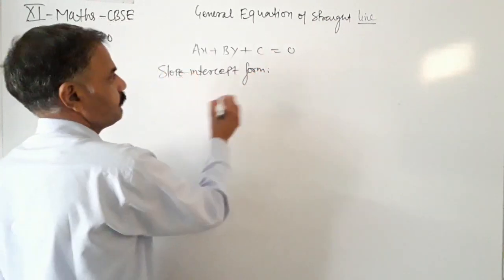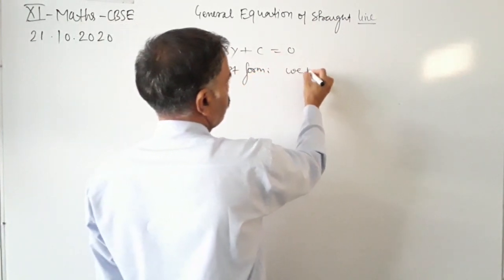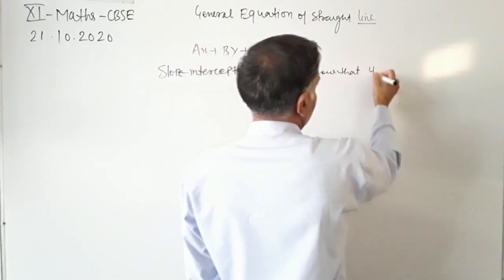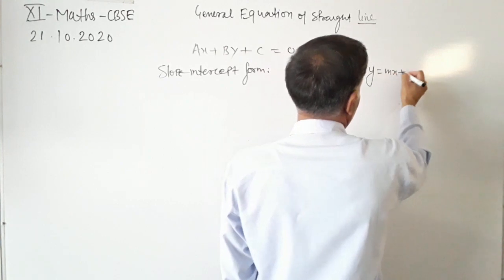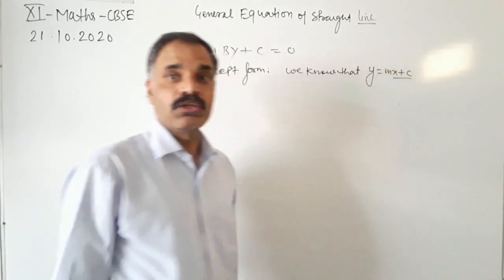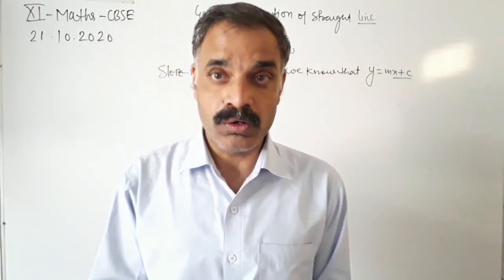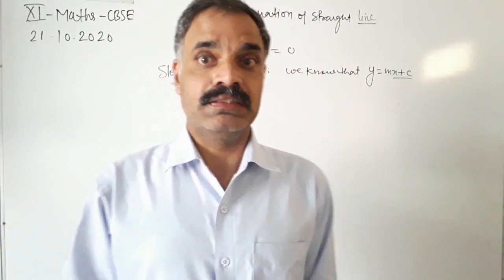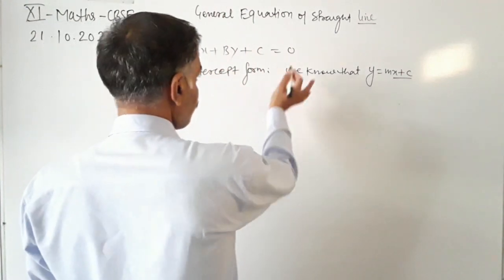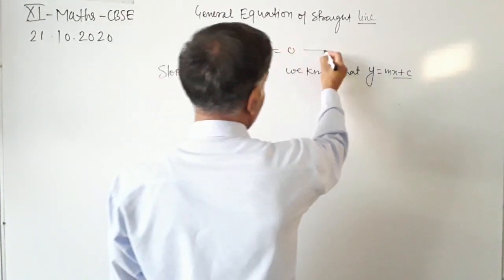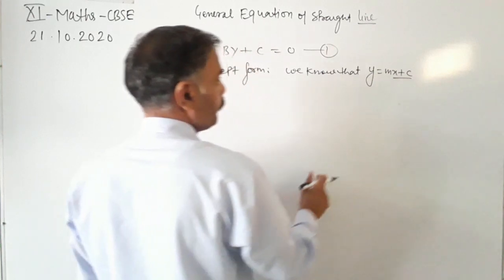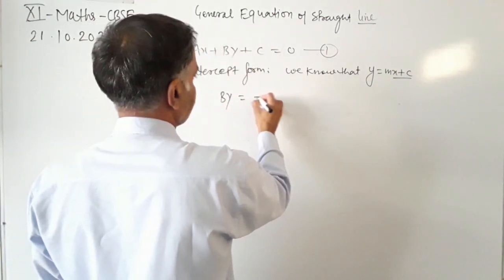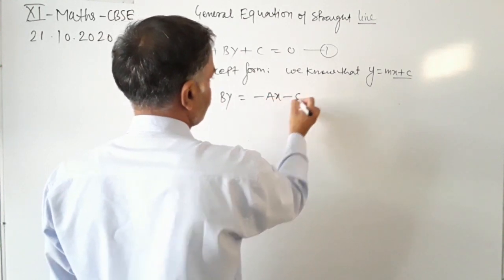We know that slope intercept form is y equals mx plus c, where m is the slope and c is the intercept on the y-axis. So we will convert the general equation of the line into this form. By equals minus ax minus c.